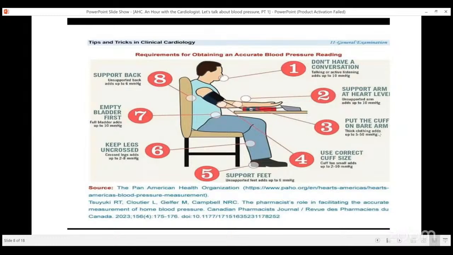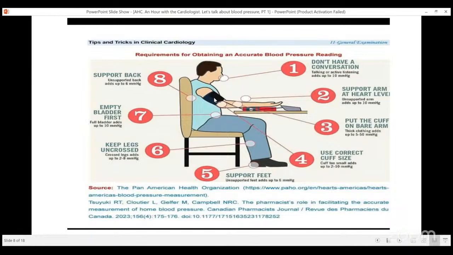Thick clothing adds 5 to 50 millimeters of mercury. For some people, they're not able to roll up the sleeves. If you cannot roll it up, please just take off that cloth and check your blood pressure properly. If you're wearing tight clothing and you measure your blood pressure with it, it can give you something that is not accurate.